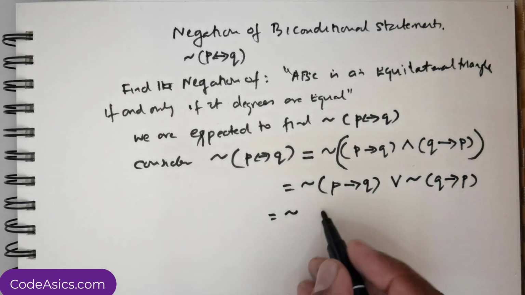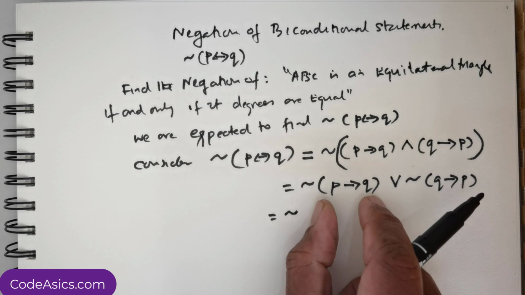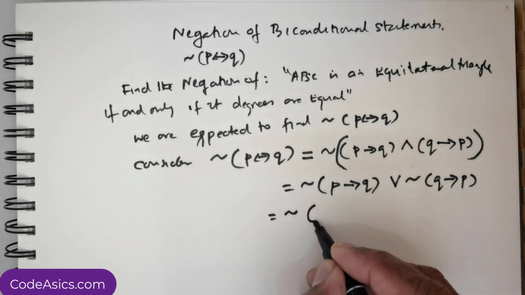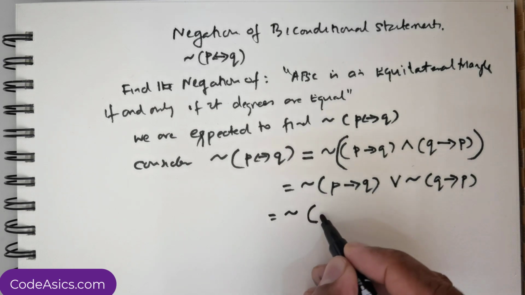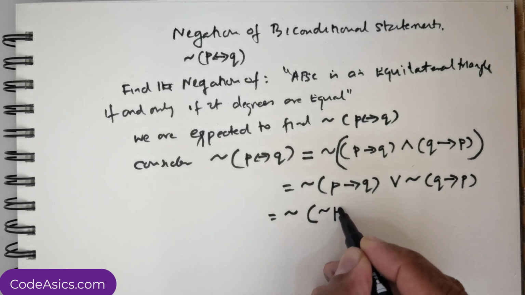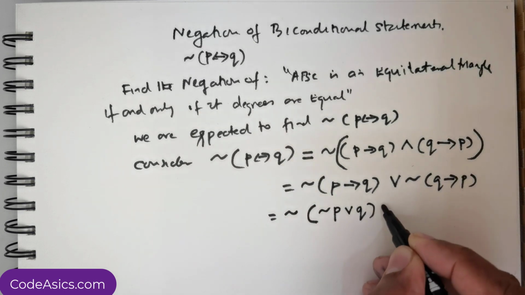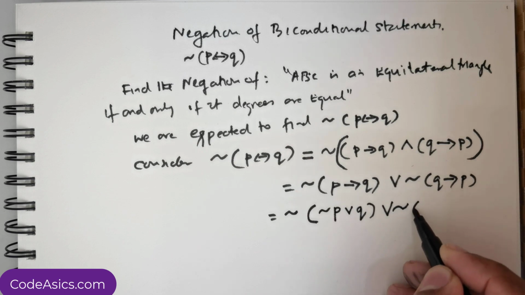Now before I could apply the negation for P, I will get rid of this conditional statement. To get rid of it, I can rewrite this as negation of P disjunction Q, followed by a disjunction and a negation.